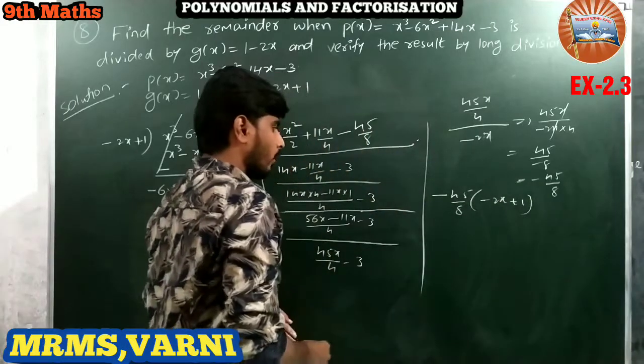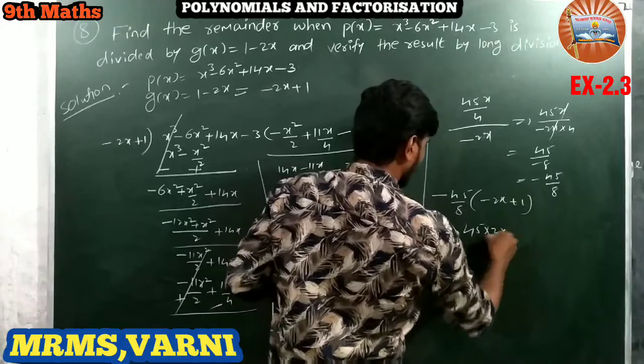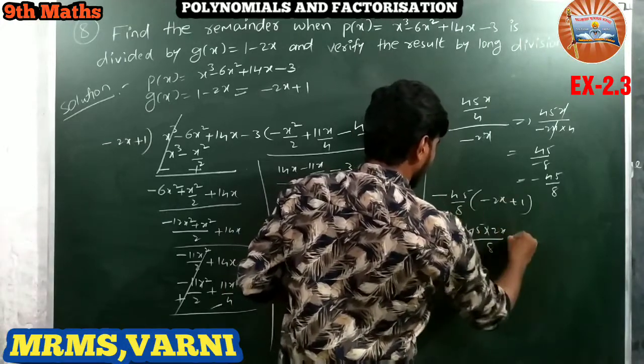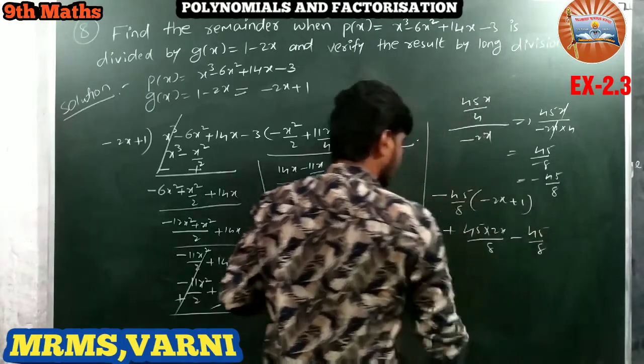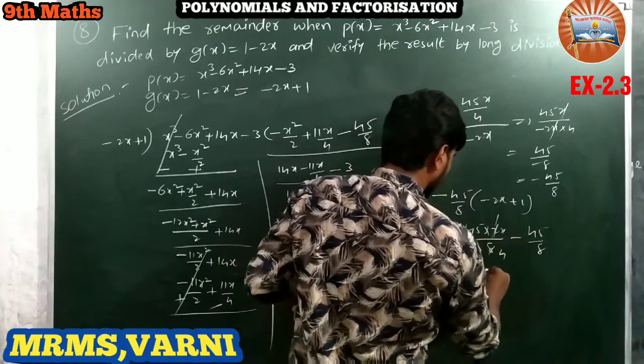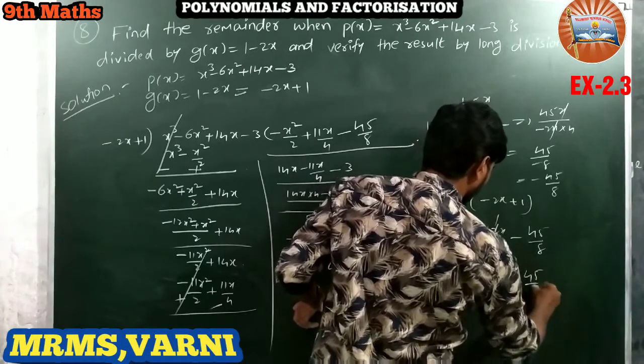Okay, now what becomes minus into minus plus 45 into 2x by 8, minus into plus minus 45 by 8. Okay, so 2 ones are 2, 4s are 8, nothing but 45x by 4 minus 45 by 8.